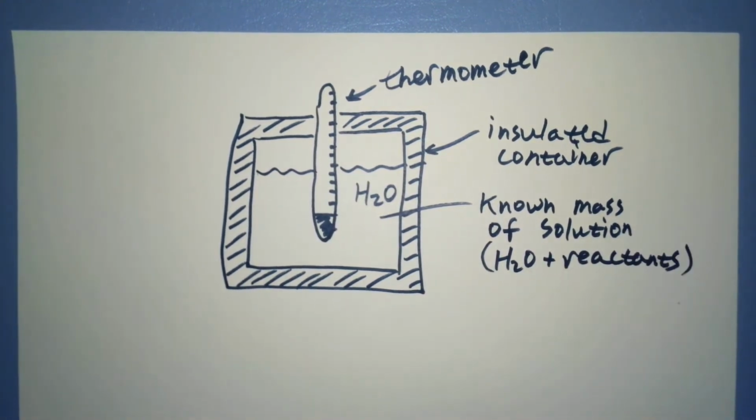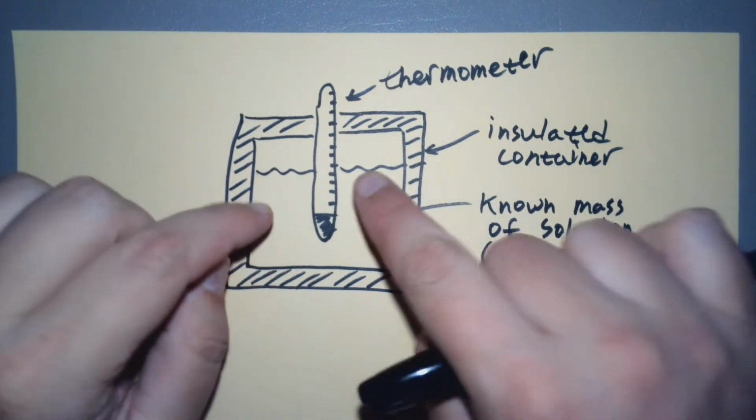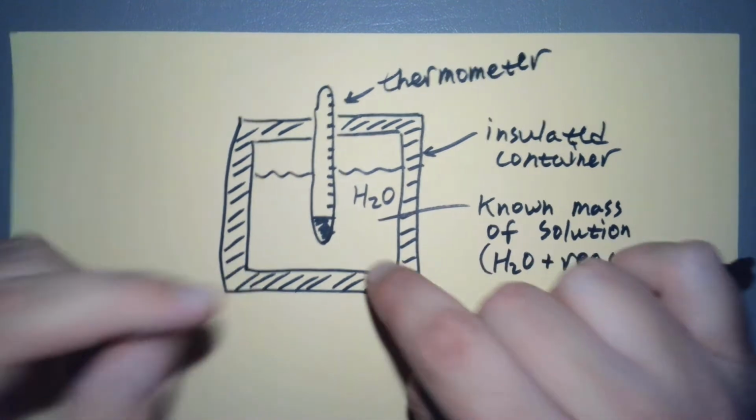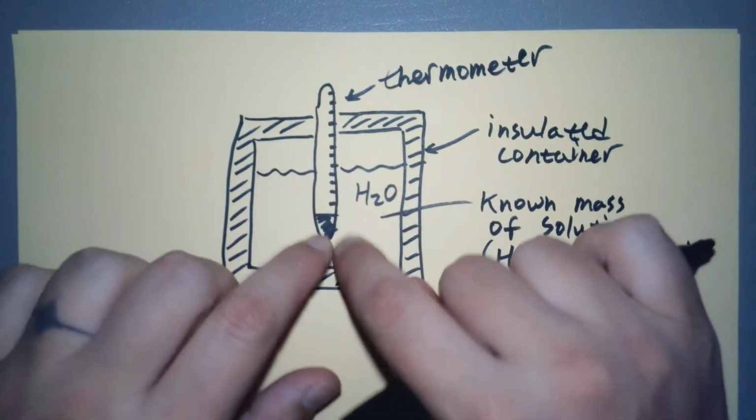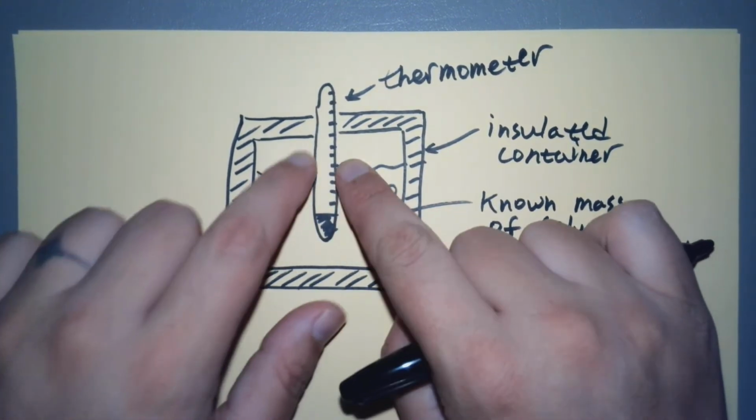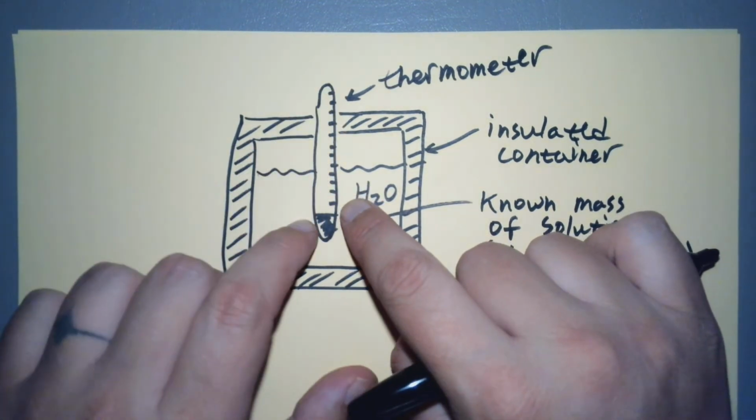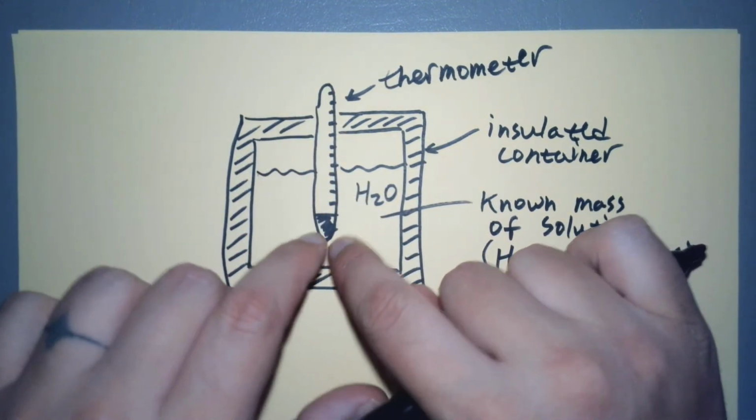Okay? So, the reaction happens, and if the water gets colder, that means the reaction is endothermic because it absorbed heat from the water. If the water gets hotter, or temperature goes up, then it was an exothermic process and it released heat to the water.